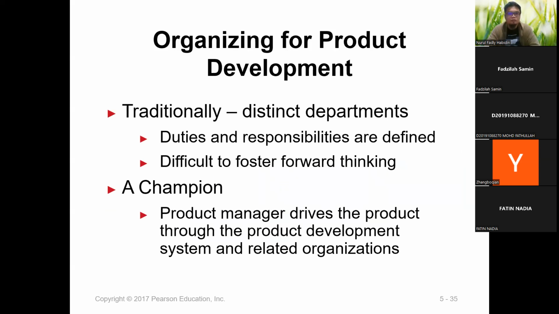Okay, we have two here, traditional and champion. In the traditional, the department and duty and responsibility are defined, but it is difficult to force forward thinking. Basically, we cannot say that traditional is not good, but in terms of basic understanding and basic process, we should follow the traditional way, for example, on the duty and responsibility.